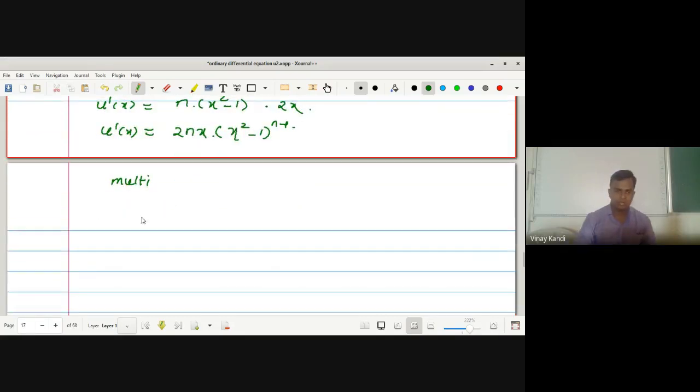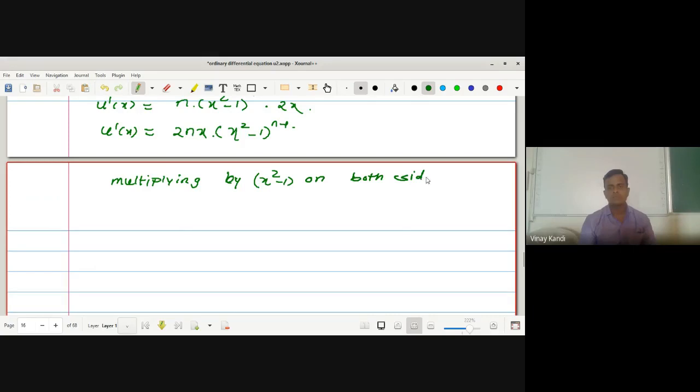Now multiplying by x square minus 1 on both sides. Okay, so we get (x square minus 1) into u dash of x is equal to 2nx into (x square minus 1) bracket raised to n.